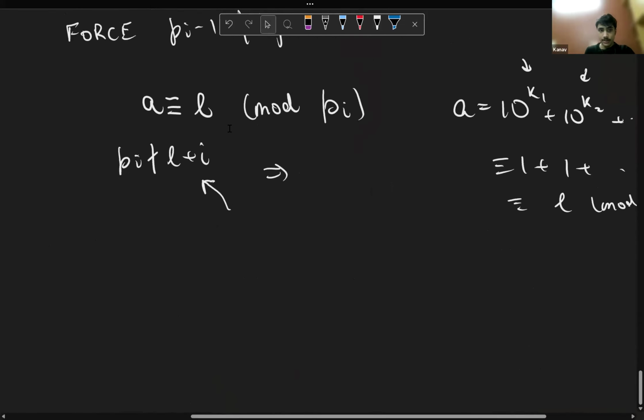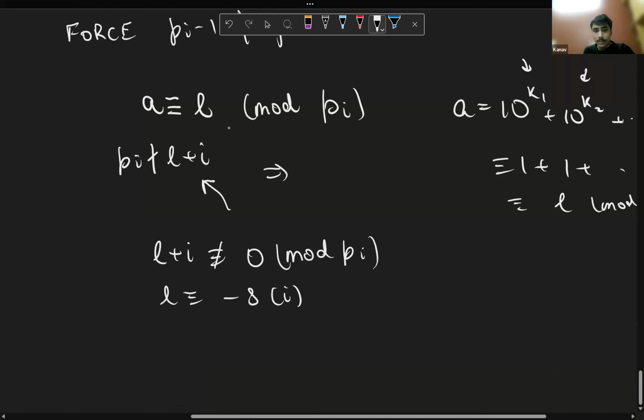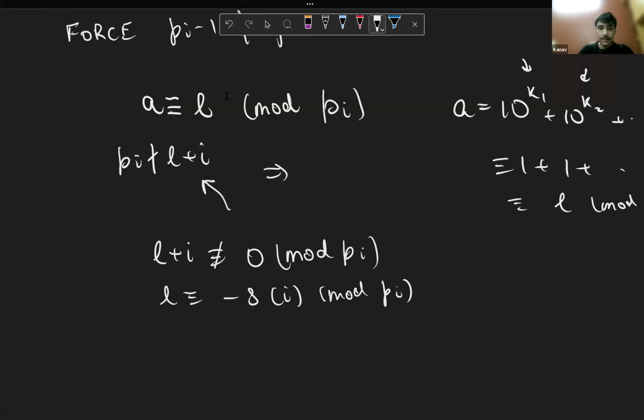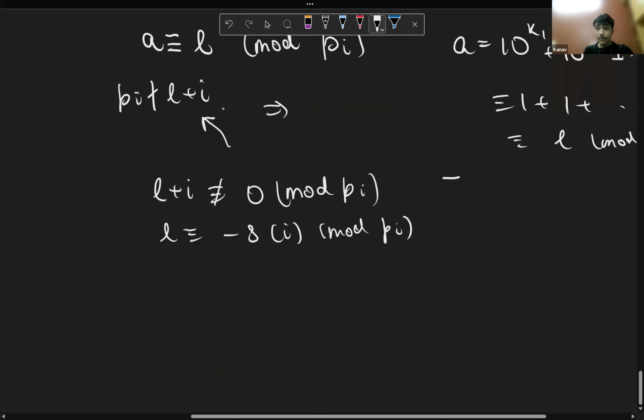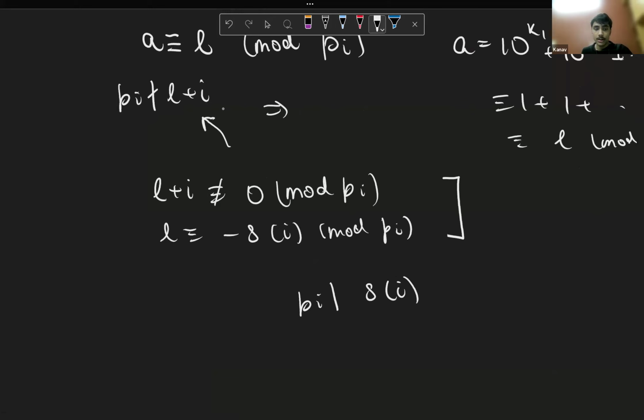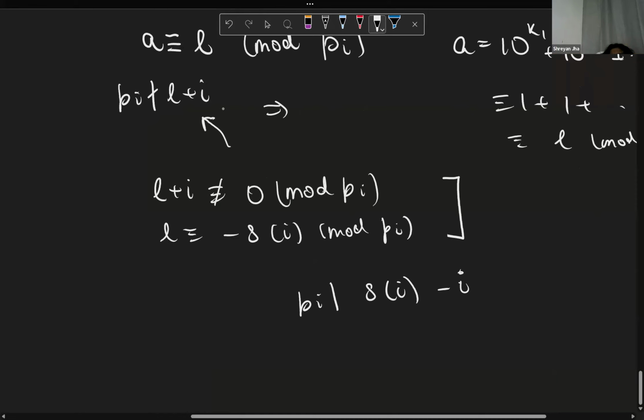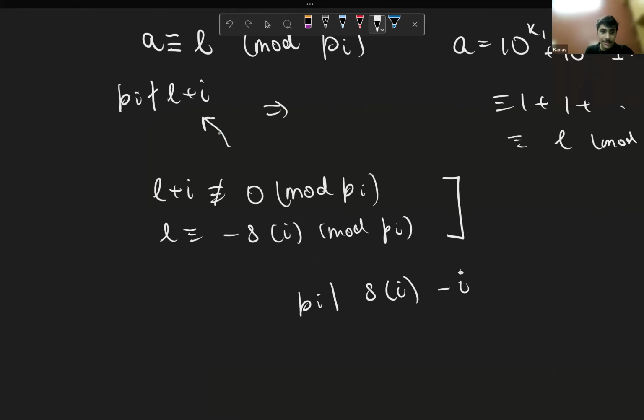So when you're writing this up, you want to ensure L plus i is not 0 mod Pi, and L is congruent to minus S of i mod Pi. This is equivalent, but it is not always true. What if Pi actually divided S of i plus i minus i? What if this happened?